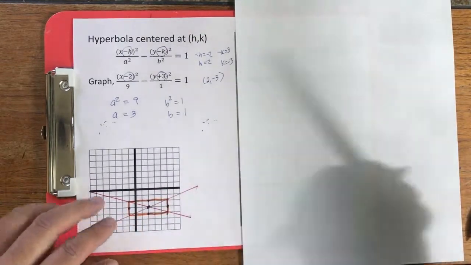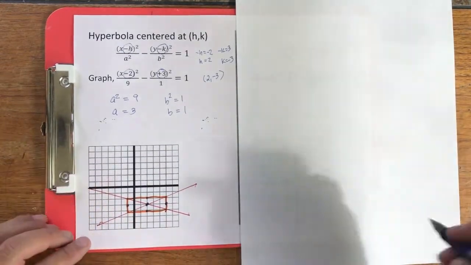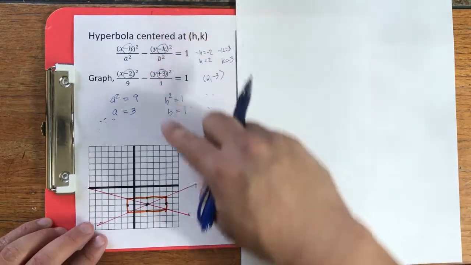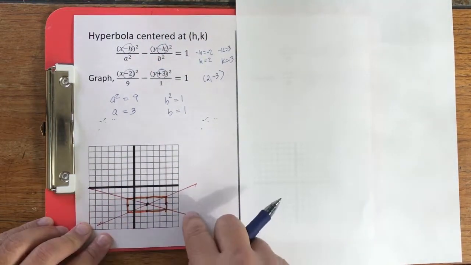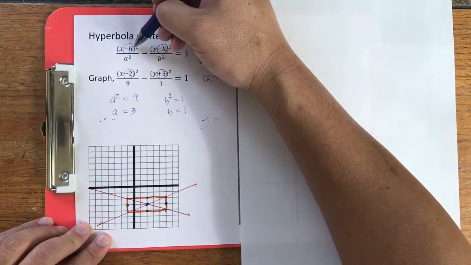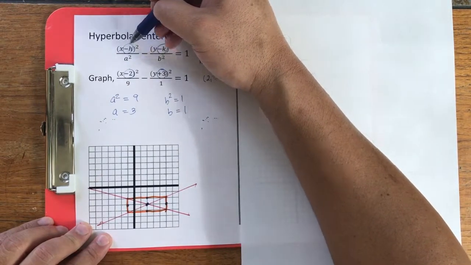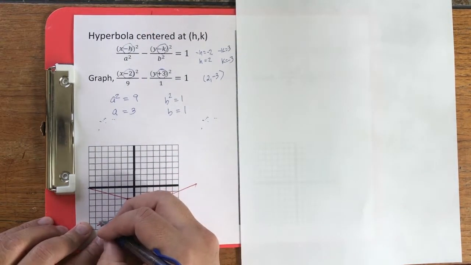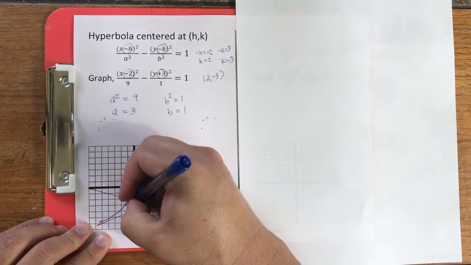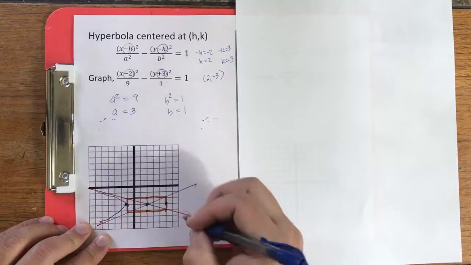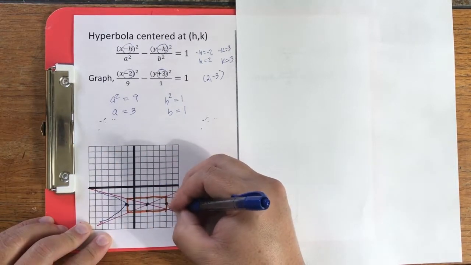Okay. Now remember, we have to double check to see whether the hyperbola is going up and down or left and right. Now we can see that the x's come first. The x's are positive, so our hyperbola goes left and right. Make sure I go through that point. Kind of fudged it a little bit.